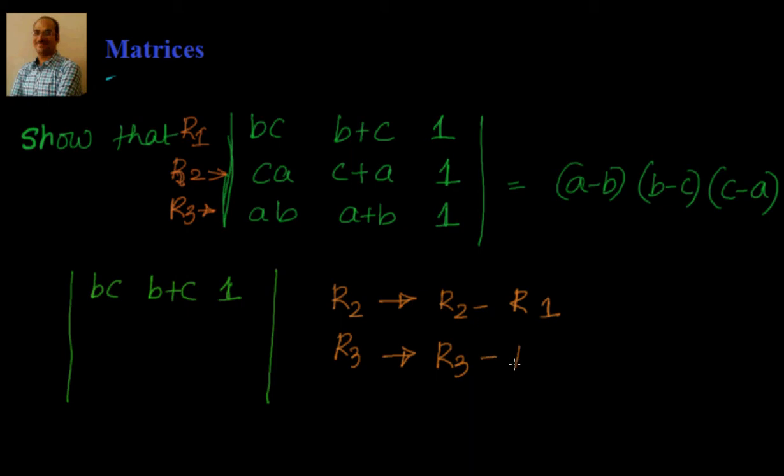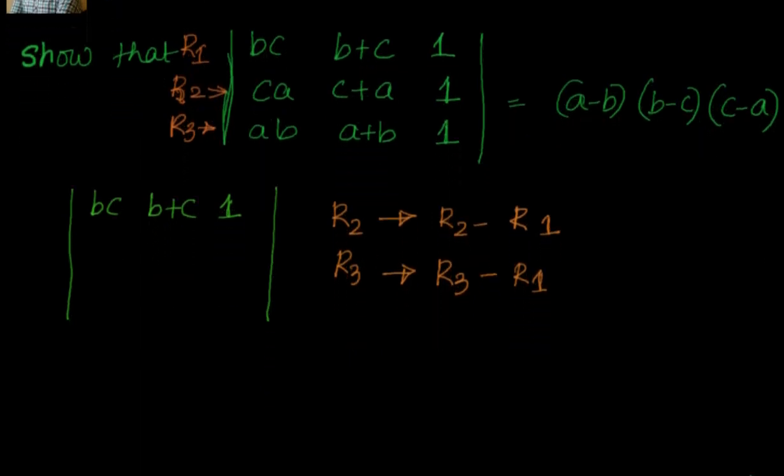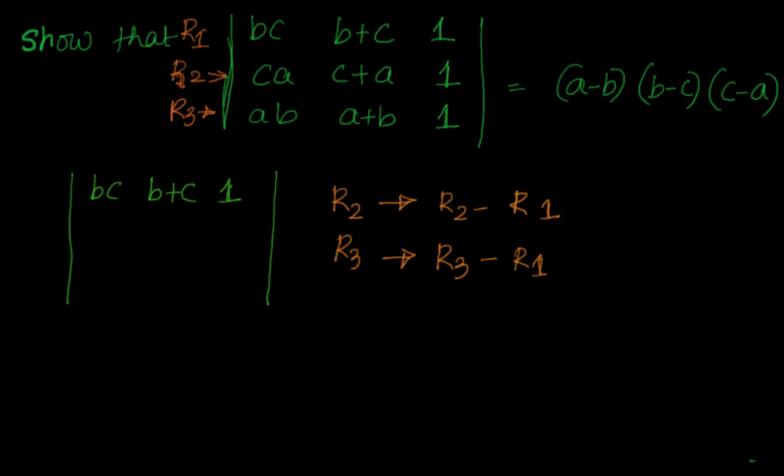Why? Because if you do R2 minus R1, you will see that the other determinant added is 0, so the determinant will not vary. Whether you have R2 minus R1 or R2, the determinant will remain the same.